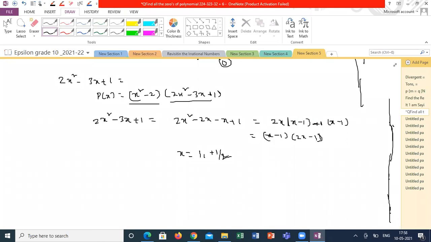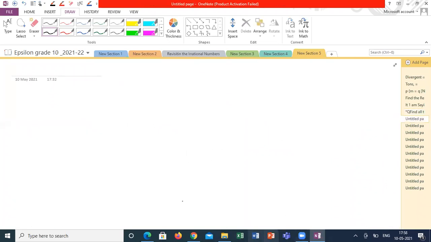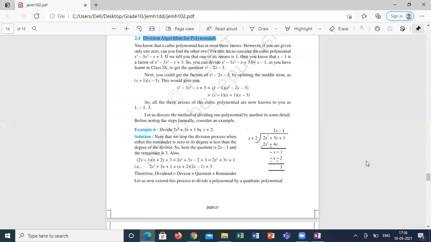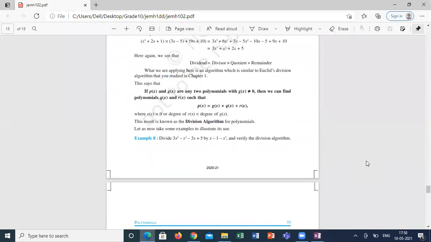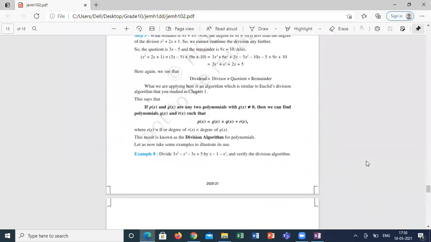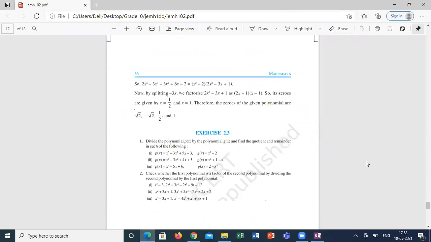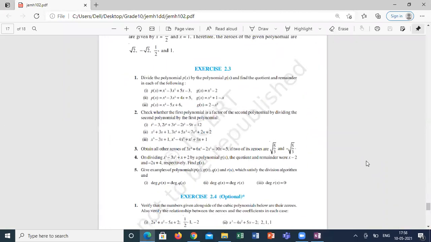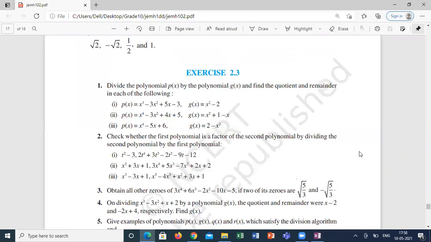Shall I go for the numericals? Yes, sir. It's very simple. The numericals are: divide the polynomial p of x by the polynomial g of x and find the quotient and remainder.